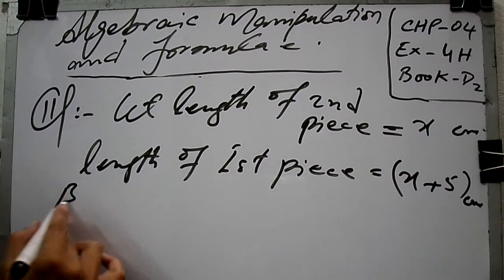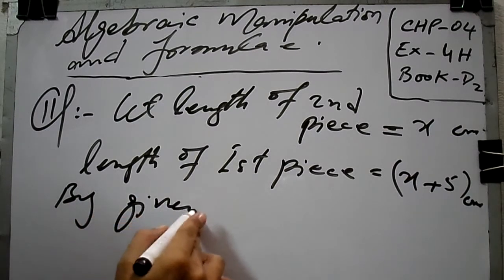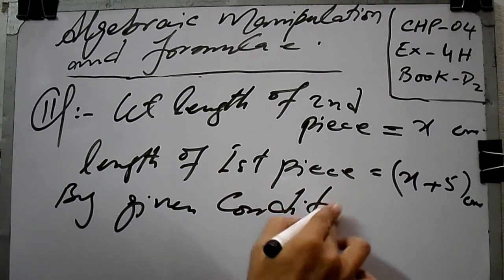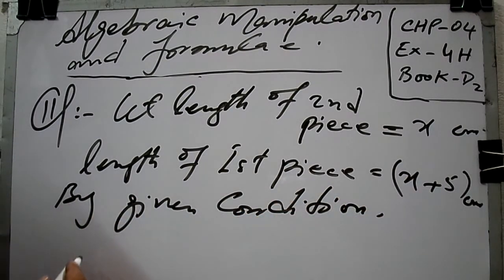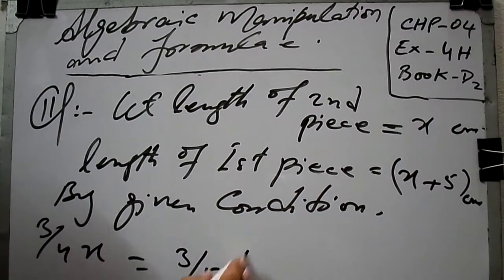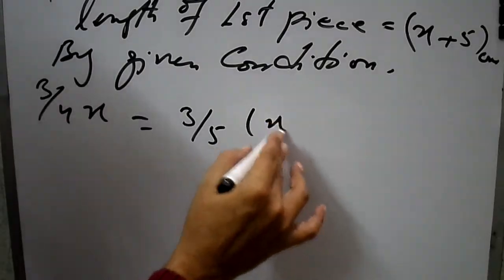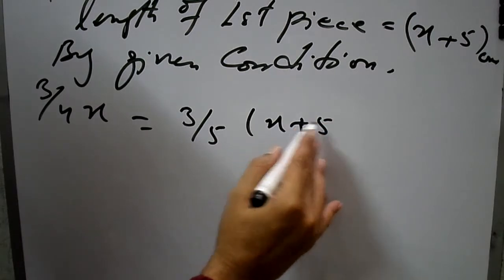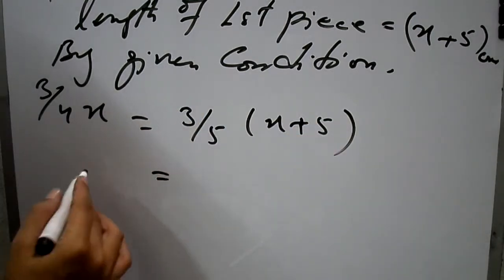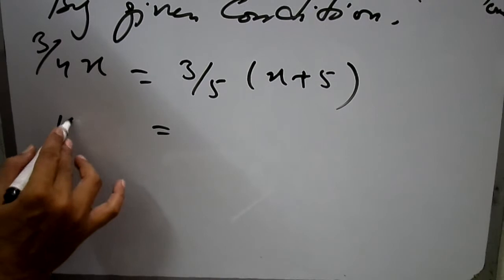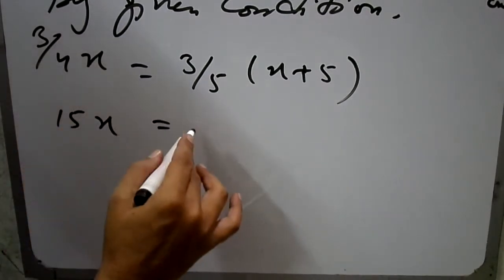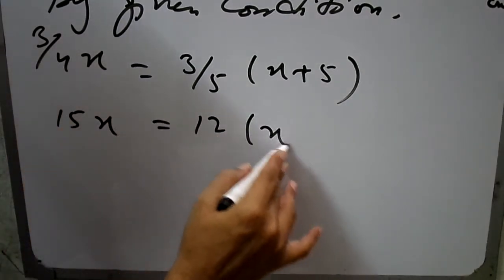By the given condition, 3 by 4 of the second piece is equal to 3 by 5 of the first piece. By using cross multiplication, you will get 5 3s are 15x and 4 3s are 12 into x plus 5.